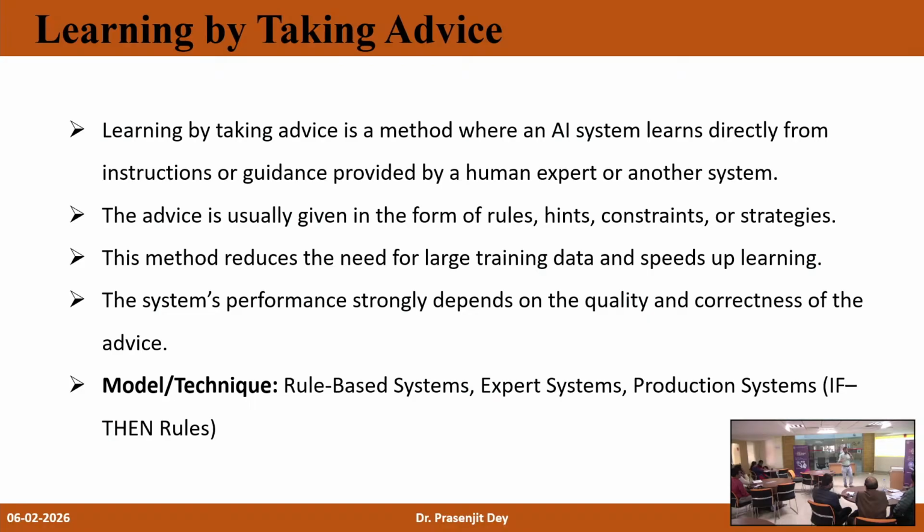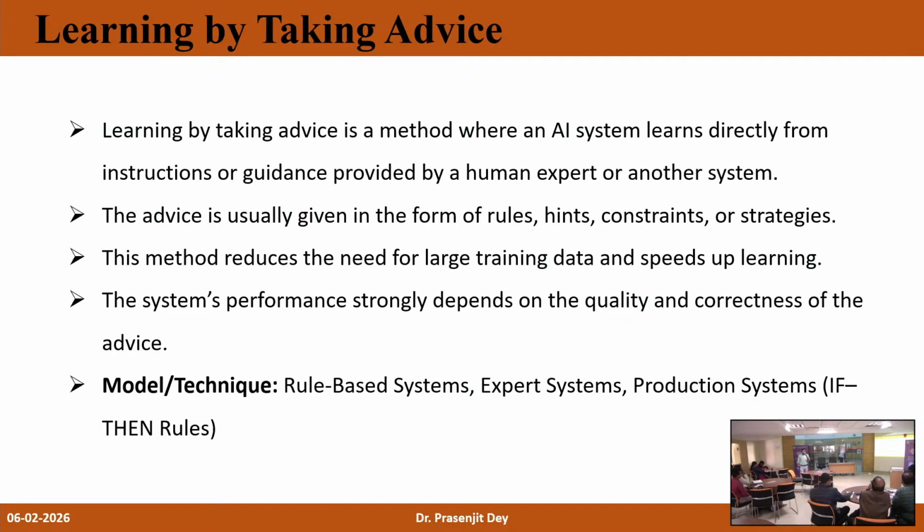There is some expert who is going to give us advice, which is going to make the decision a lot easier. Learning by taking advice is a method where an AI system learns directly from the instructions or guidance provided by a human expert.